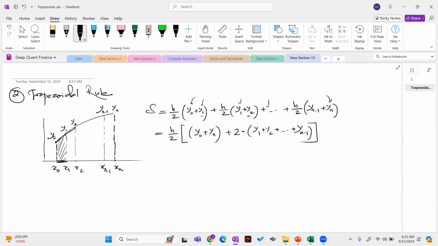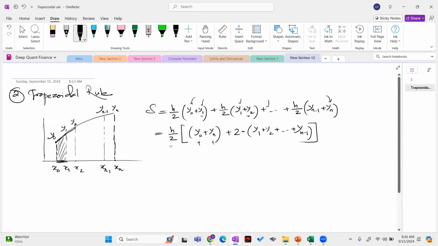It's very easy to program this in any coding language. This is how you need to sum. When I'm trying to aggregate, I'll take h by 2 times all of these y coordinates, starting from y0, y1, y2, y3 up to yn.